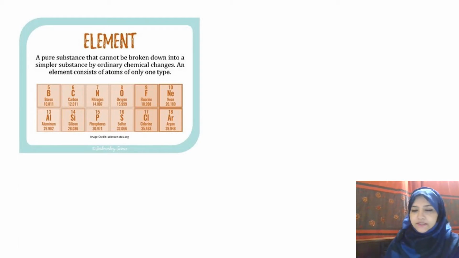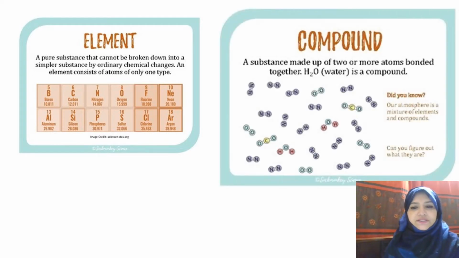And the other type of pure substance is compounds. And a compound is a substance made up of two or more types of atoms bonded together. Okay, this is the important term: they are chemically bonded.